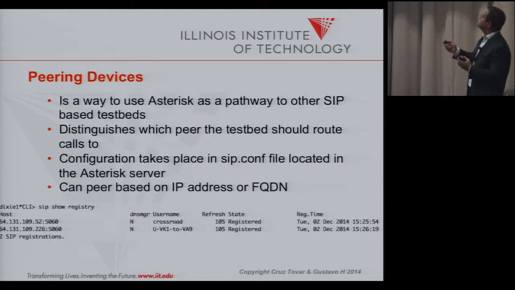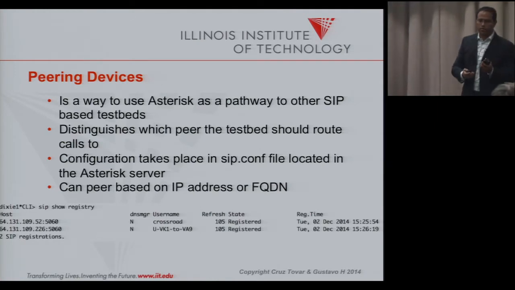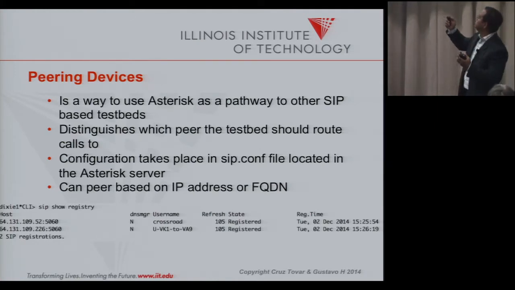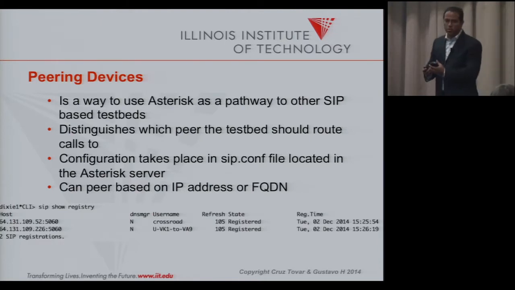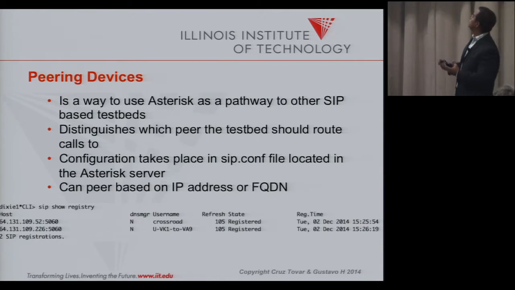The peering device, as we stated in the beginning, is the way to use Asterisk as a pathway to other SIP-based testbeds. To distinguish which peer the testbed should route calls to, configuration takes place in the sip.conf file.